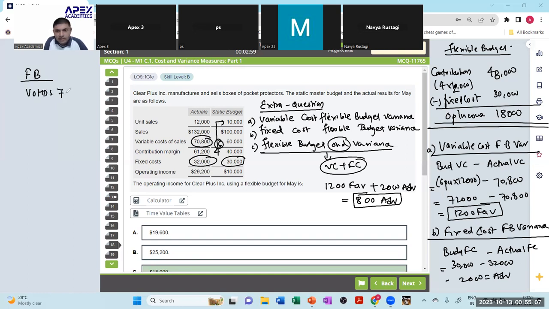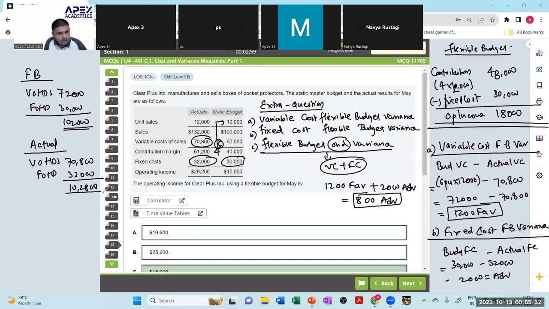If I'm not mistaken, they are 72. And what are your fixed overheads? If I'm not mistaken, they are 30. Right? In your actual, what are your variable overheads? 70,800. And what are your fixed? 32. Compare.